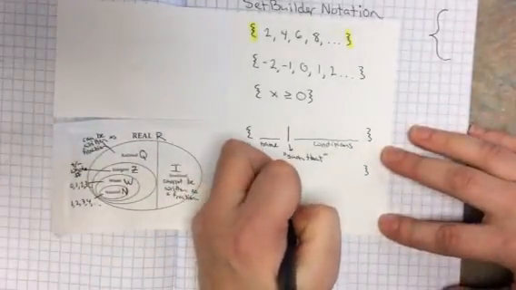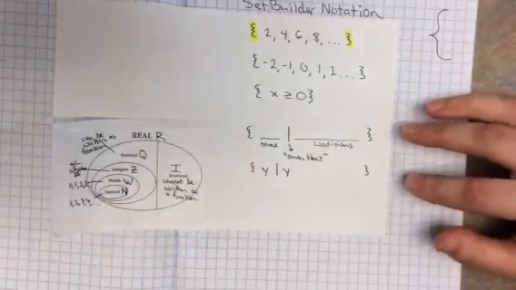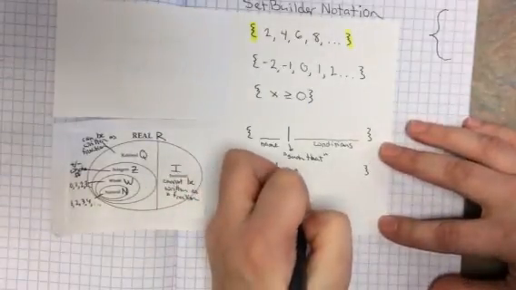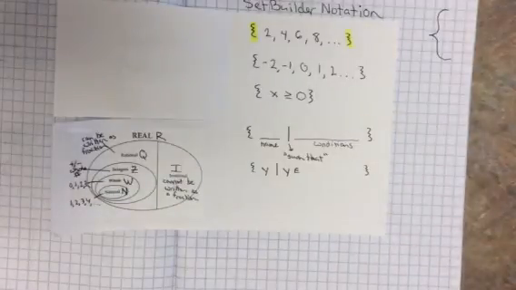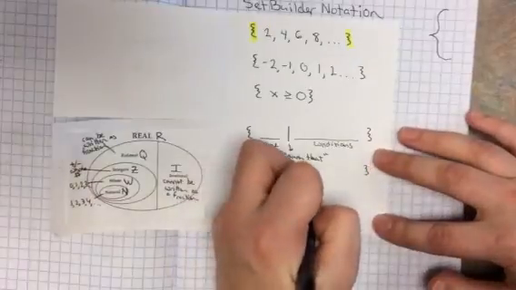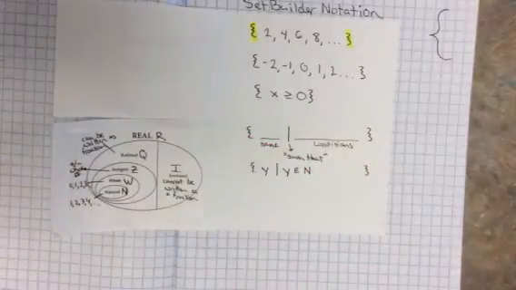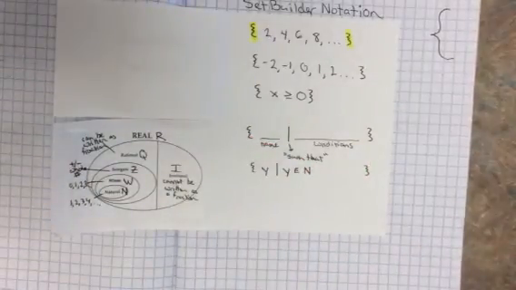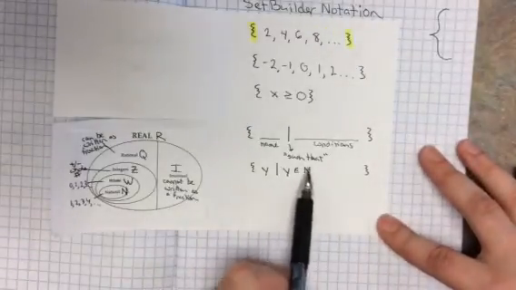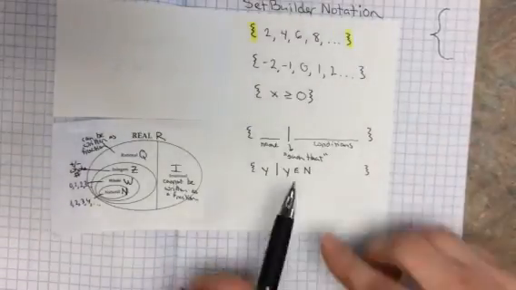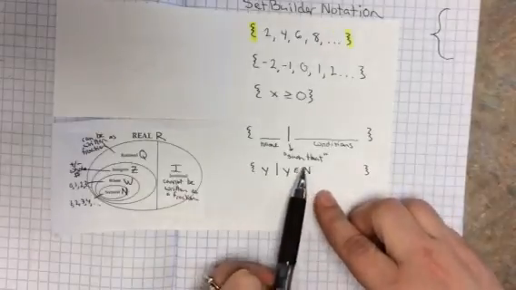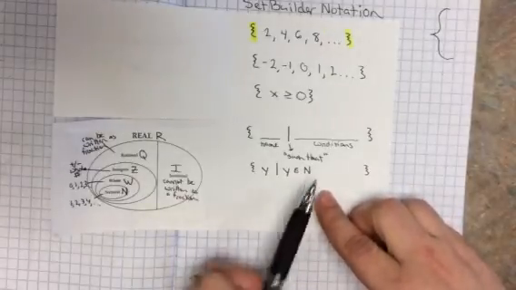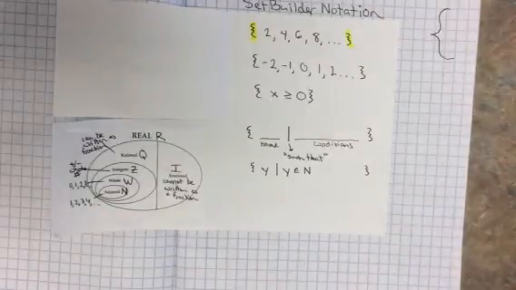I would say all of the y values, and then the symbol that's a little tiny capital E. And what that means is they are elements of, or they are part of, natural numbers. Okay, so this is basically the math notation to say these are natural numbers. So the variable y is an element of whatever type of number it is. Fancy math way of saying these are natural numbers.